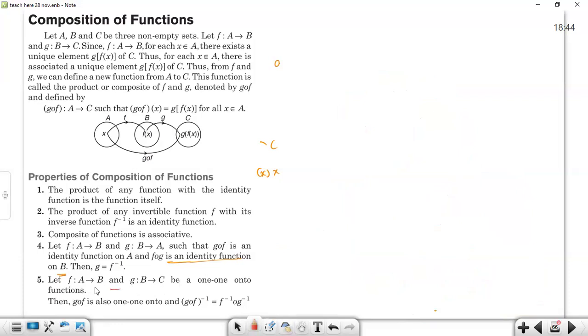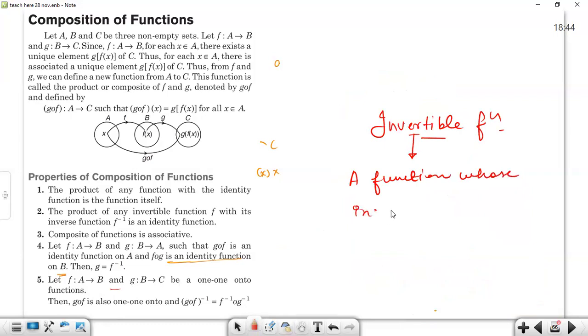Let f be a function from A to B, g a function from B to C, both one-one onto functions. Let me shortly tell you about invertible functions. Invertibility means a function whose inverse exists. And for a function to possess an inverse, the function has to be one-one and onto.